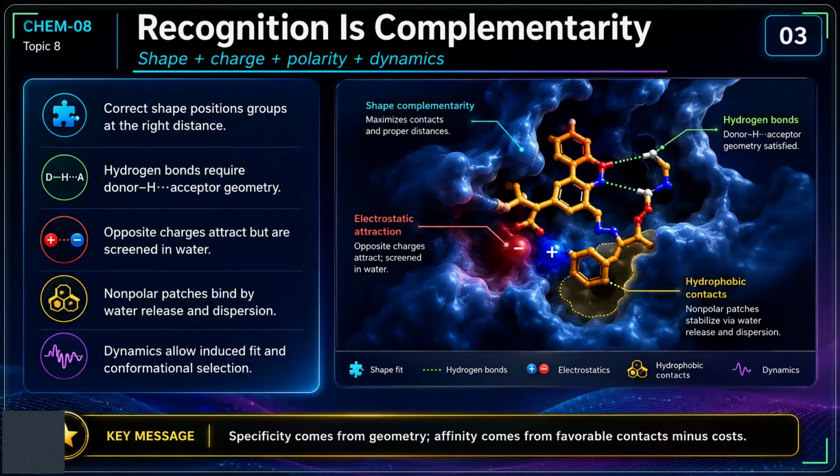So, shape positions groups at the right distance, at the right shape, and it's going to be an induced fit with the actual ligand. So, this is a catalytic site, let's say inside an enzyme. Non-polar patches bind the water release and dispersion.